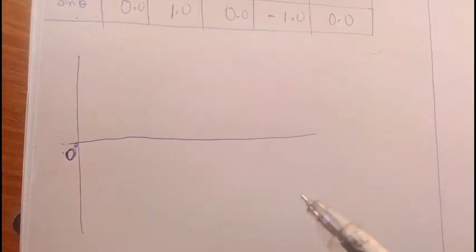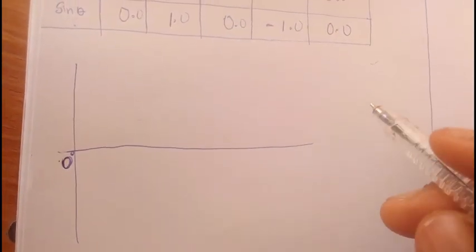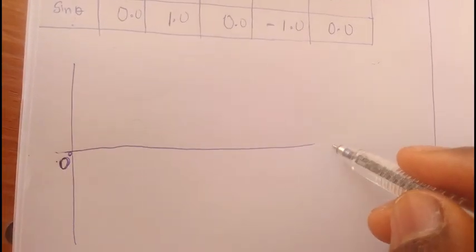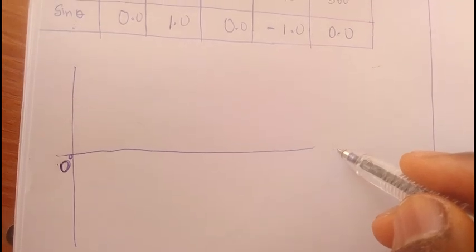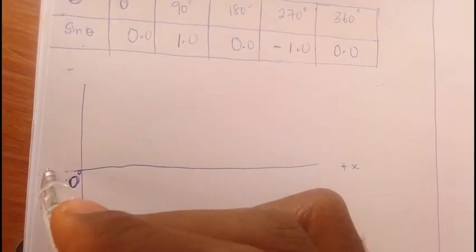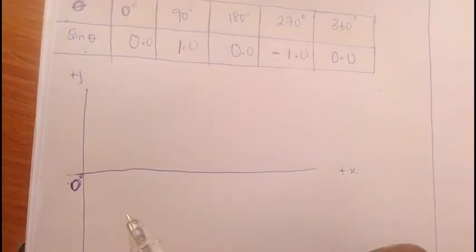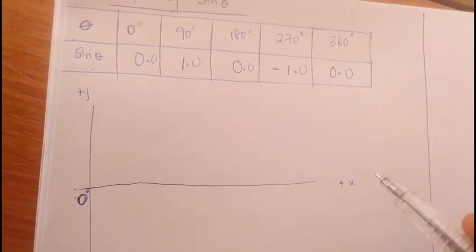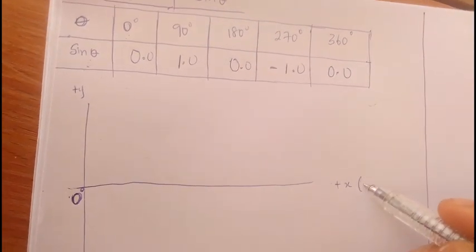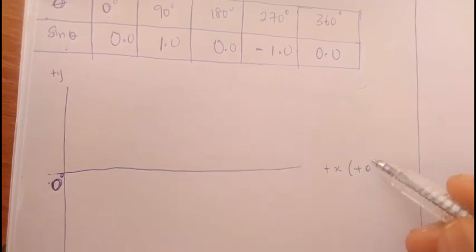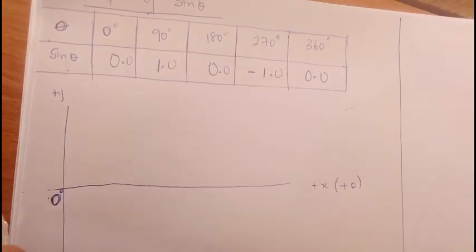I'm measuring in degrees now, not as in axis. So this is still my positive x, this is my negative x, on the other side, and this is positive y and this is negative y. But in replacement of x and y, I have theta. So this is my positive theta and this is my negative theta at this side.